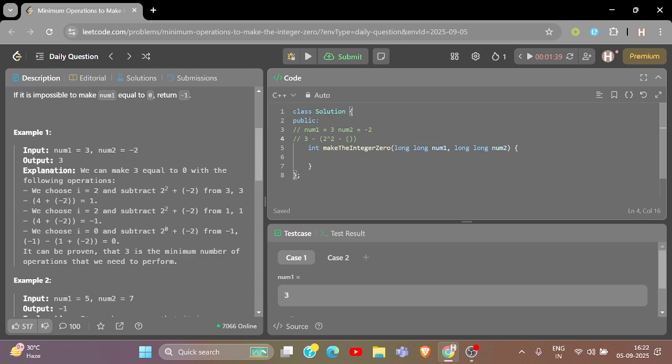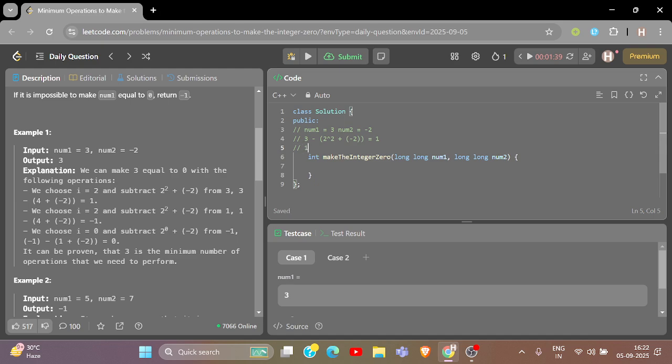So 2 squared is 4. 4 plus minus 2 is 2, sorry, it will be plus. So ultimately, it will be 1 because 3 minus 2 will be 1, right? And now in the second step, my num1 is updated to 1.